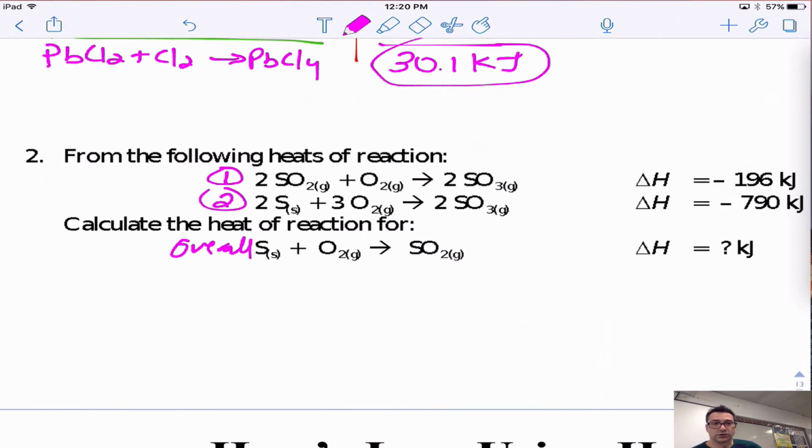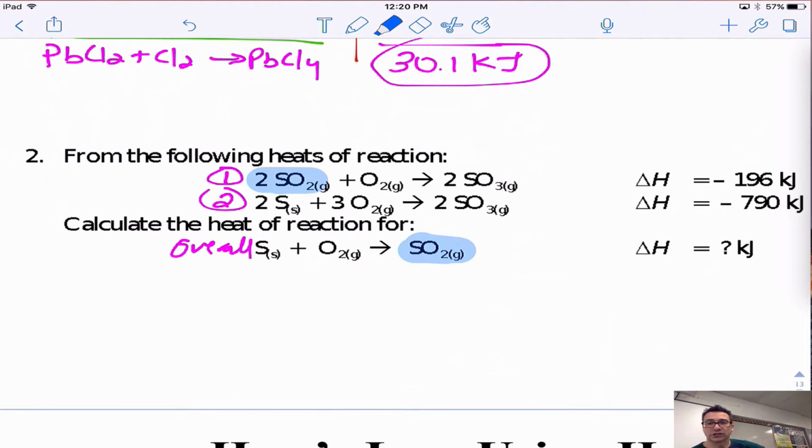I look at the first reaction, and I notice that it has only SO2 in it. The only thing that's unique in the first reaction and the overall reaction is SO2. But there's not the right number of SO2s, and it's also on the wrong side of the reaction.